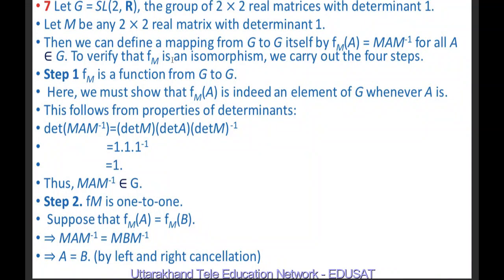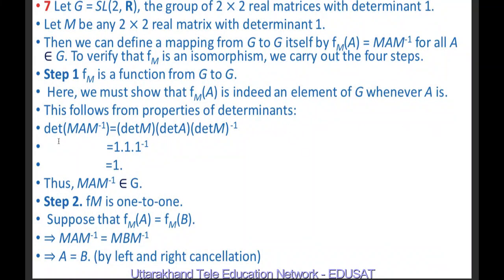Now to verify that FM is an isomorphism, we will carry out all the 4 steps. The first step is that FM is a function from G to G. To show this, we must show that FM(A) is an element of G whenever A is.